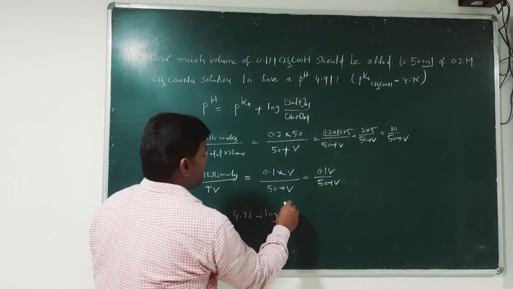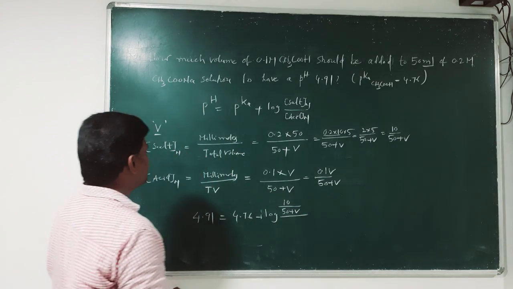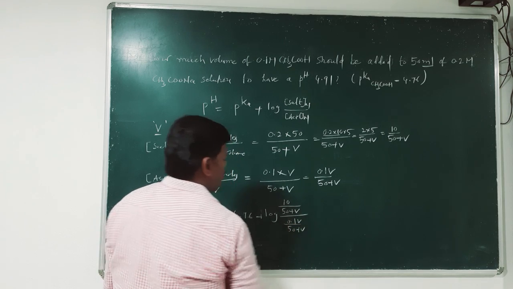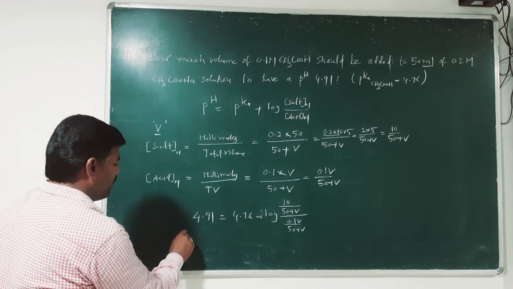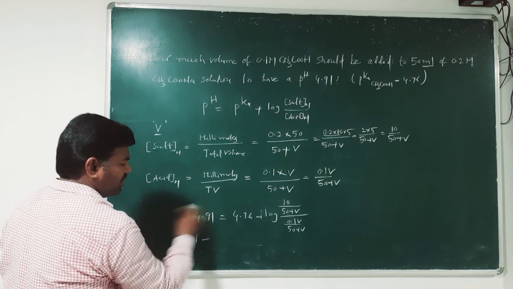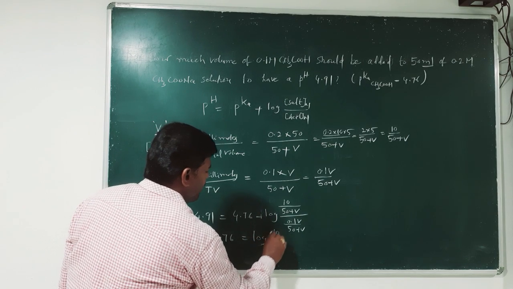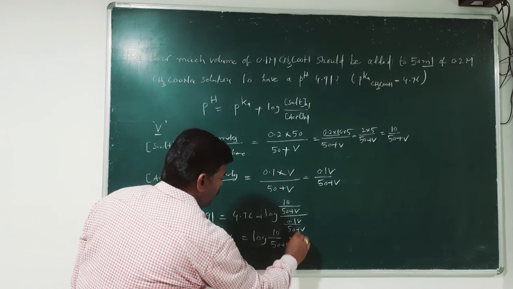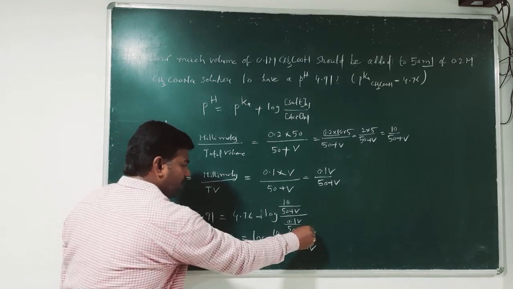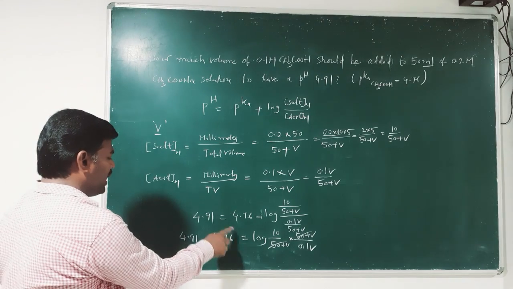The concentration of salt is 10 by 50 plus V, and the concentration of acid is 0.1 V by 50 plus V. I shall take 4.76 to this side: 4.91 minus 4.76 is equal to log of 10 by 50 plus V into 50 plus V by 0.1 V. So 50 plus V cancels out.